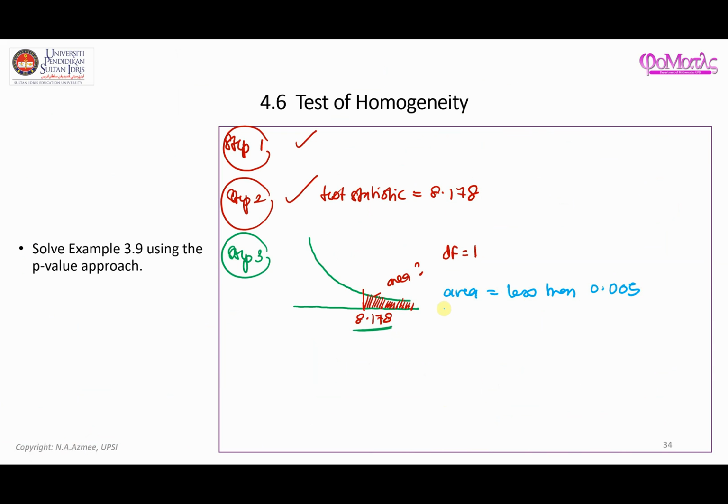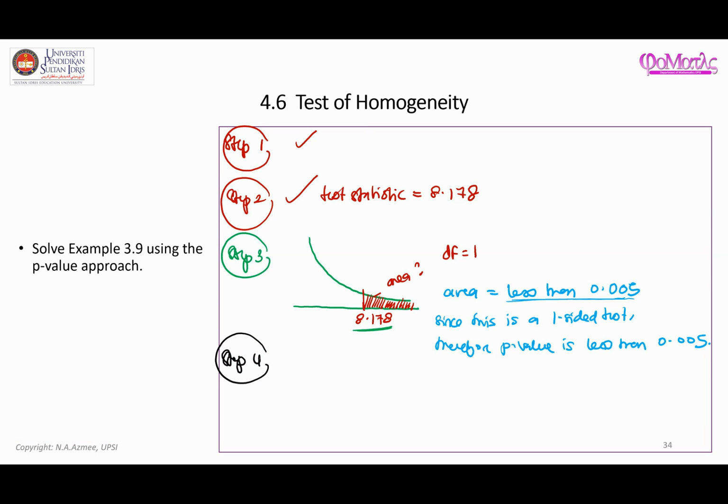Since this is a one-sided test, the p-value here is also going to be the same value as given here. So the p-value is also less than 0.005.